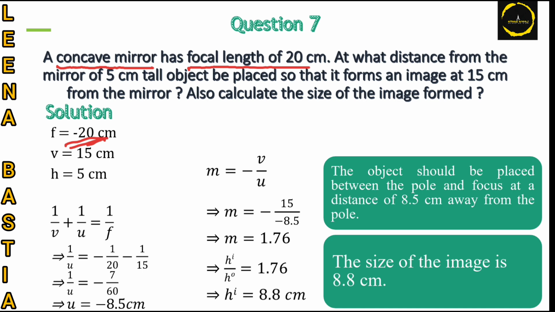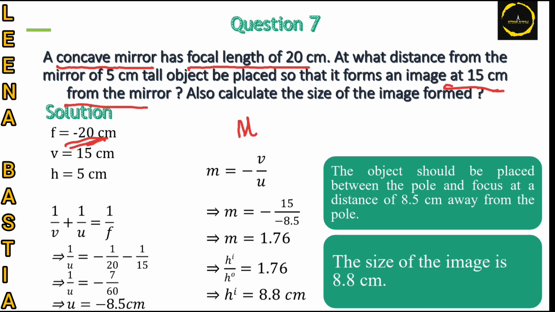We have to calculate u here. It says it forms an image at 15 centimeter from the mirror, so v is given. Where is the image formed? The image is at 15 centimeter distance from the mirror. Because it is a concave mirror, the focal length is already given as 20 centimeter, and the image is formed at 15 centimeter.